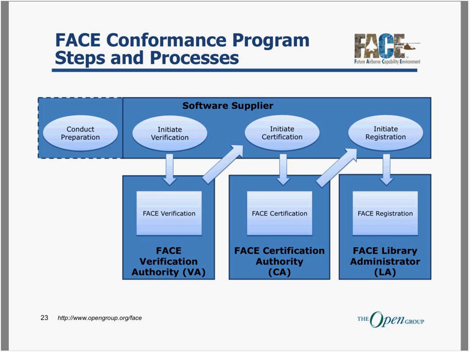And the registry is a very important part of this process and program. It is the list of only FACE-certified UOCs. So if you haven't passed conformance, and it's binary, you either pass completely or you do not, you will be unable to be listed on the registry, and you also must go through certification.